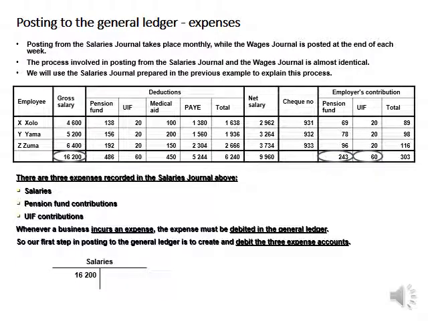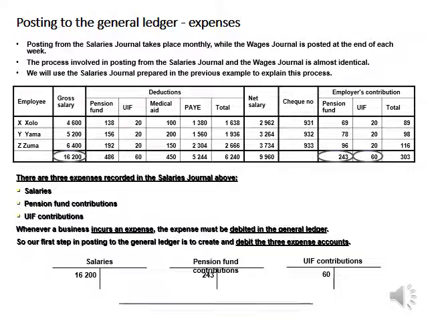So salaries will be debited with 16,200. The pension fund contribution will be debited with 243, and the UIF contribution will be debited with 60. Now that gives us debits. Now for every debit, there must be a credit.